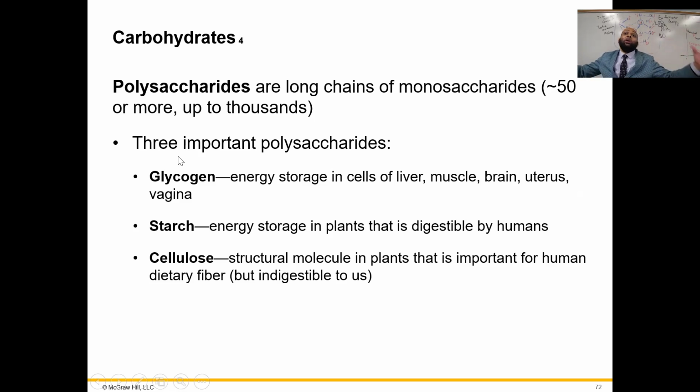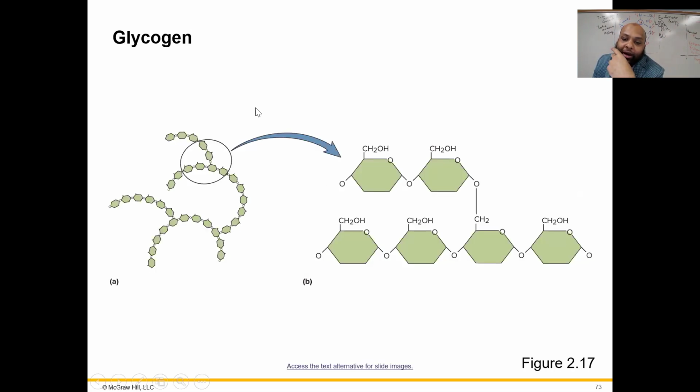Starch is made up of huge amounts of glycosides that are linked together in bigger bundles and bundles, stored in your liver and your muscle. That is known as glycogen. Then you have starch. Starch is the energy storage in plants that is digestible by humans, and you have cellulose. That is the structural molecule in the plants.